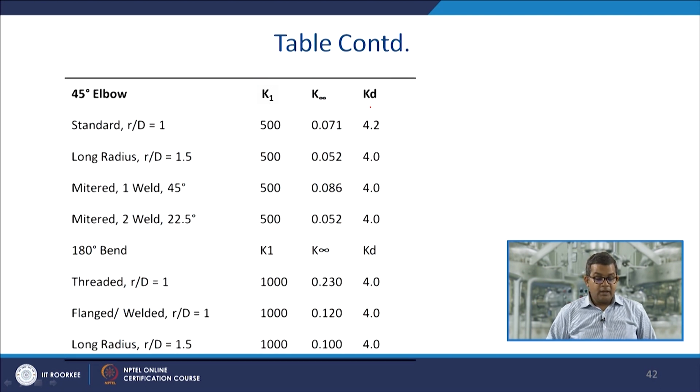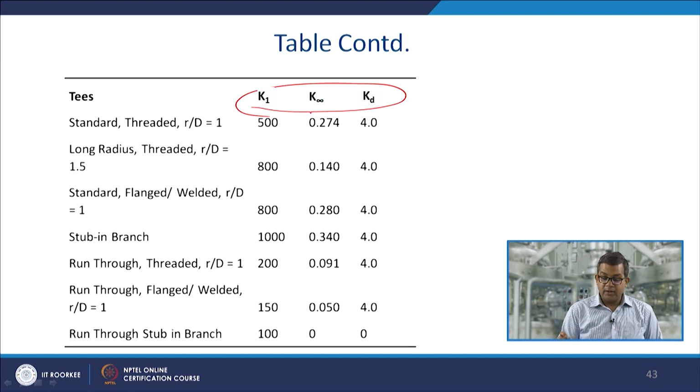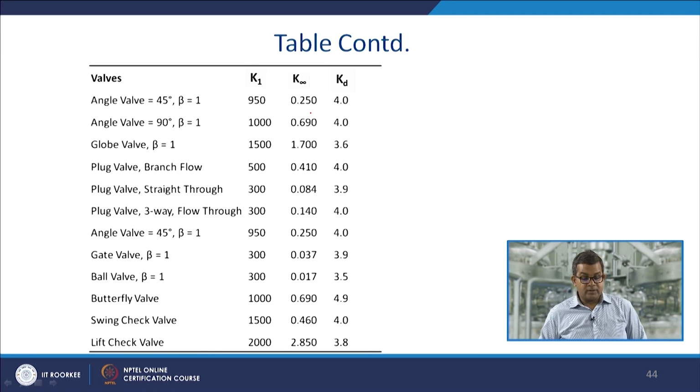In this table the 45-degree elbow is enlisted with respect to K1, K infinity and KD, standard, long radius, etc., threaded, flanged and different descriptions likewise. In this table you can have a look at different types of T's, like standard, long radius, etc., and their respective K1, K infinity and KD values.